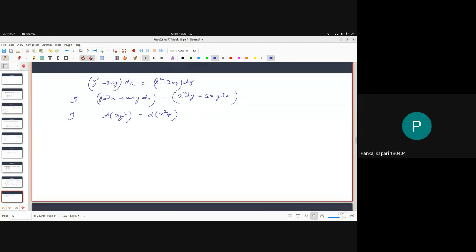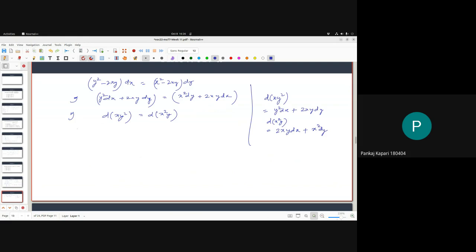Why? You can check it. What is d of x y square? First differentiate with respect to x, you will have y square dx, and differentiate with respect to y, you will have 2xy dy. Okay, so that is the left hand side, and d of x square y is 2xy dx plus x square dy.